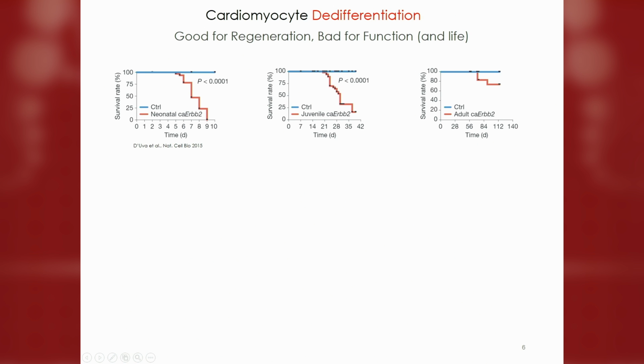But it is really important to remember that a de-differentiated cardiomyocyte is not a good thing for the heart. Essentially, if we leave ERBB2 on in the embryonic, juvenile, or even the adult heart, eventually the animal will die. So de-differentiated cardiomyocytes are good for regeneration, but bad for function.